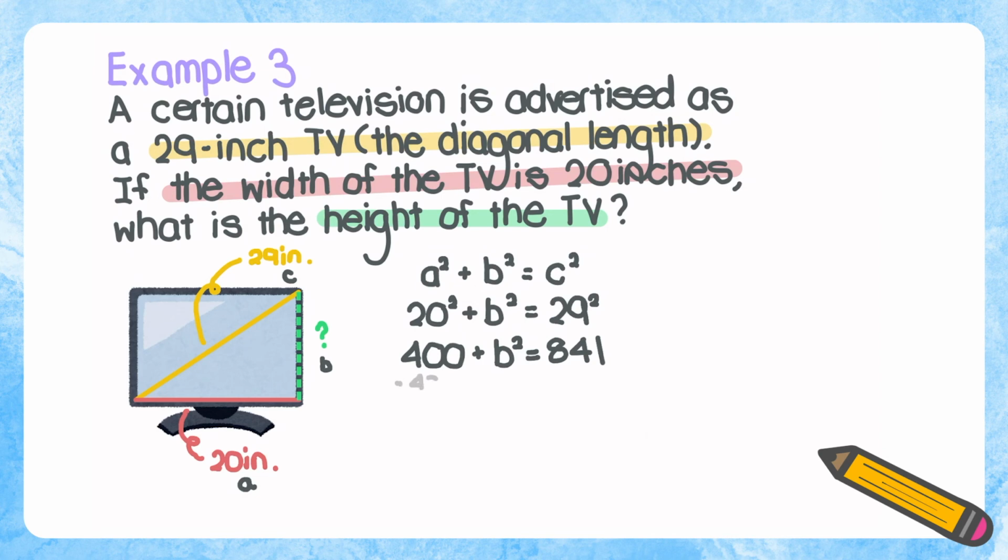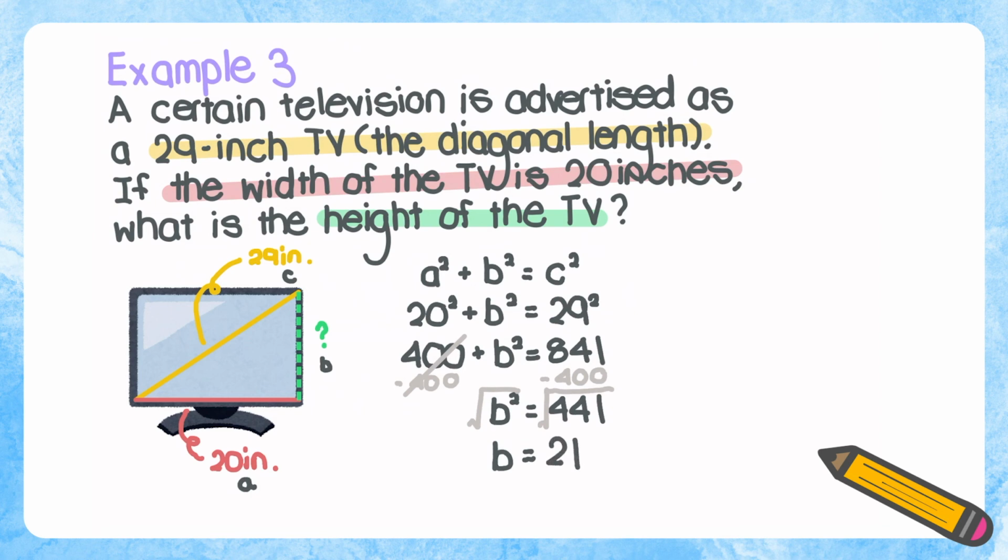From here, let's isolate b. I subtract 400 on both sides. This cancels out. I'm left with b squared equals 441. Next, I'm going to take the square root of both sides. And 441 is a perfect square, so b is exactly equal to 21.